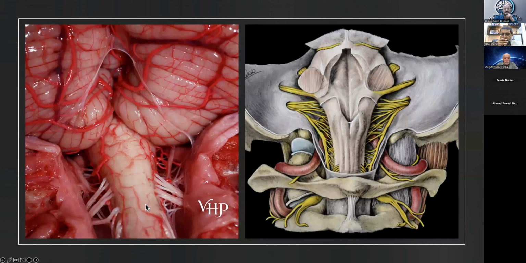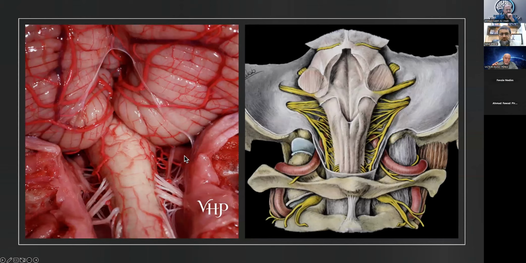And in this case, we have a very important feature. Here we have the posterior meningeal artery. This posterior meningeal artery is coming from the vertebral arteries.